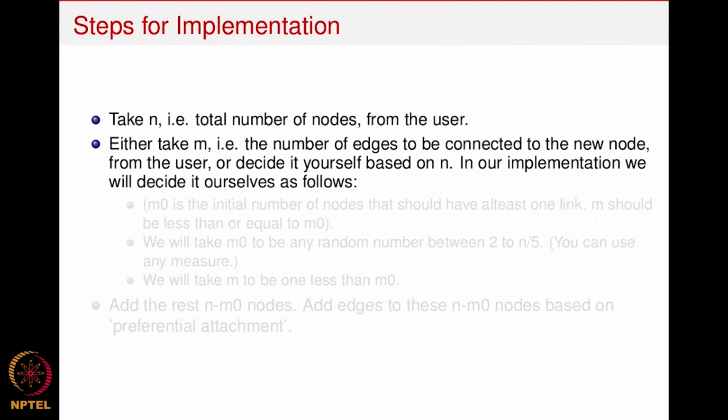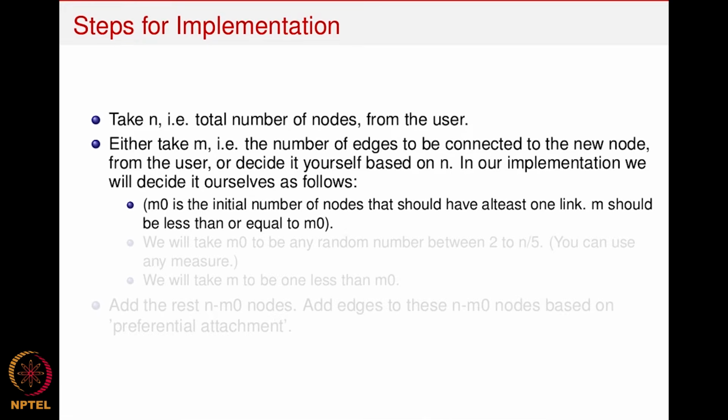Basically, the number of edges that every node will introduce into the network. So we can take the value of m from the user, or we can have our code decide the value of m automatically. In our code, we will decide the value of m based on n. It's up to you. You can do whatever you feel like.